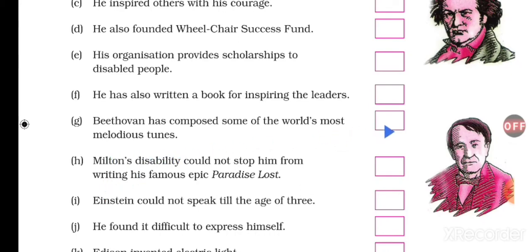It is also a transitive verb. Now, Milton's disability could not stop him from writing his famous epic Paradise Lost. Could not stop whom? Him. So it is also a transitive verb.